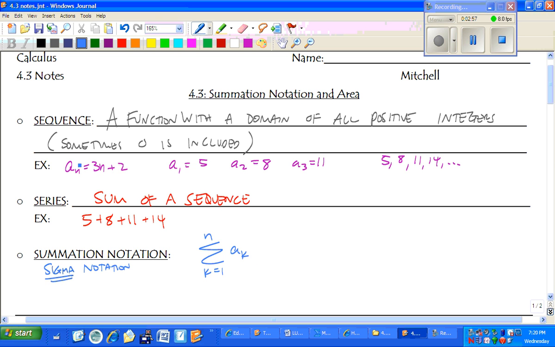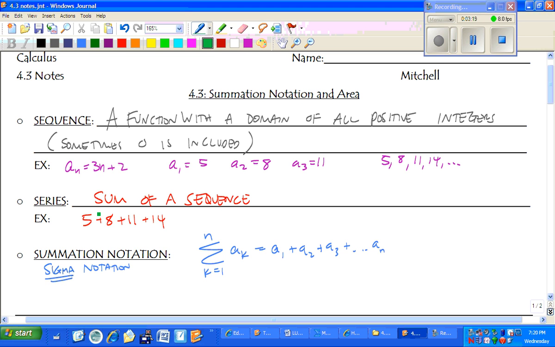Well, a sub k is just kind of our general formula for a sequence, kind of like this one, a sub n. So this would mean we're taking the sum of the first term, second term, third term, all the way up to the nth term, whatever number term this is.